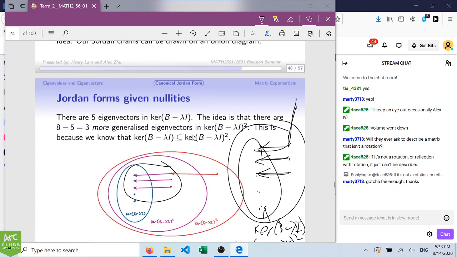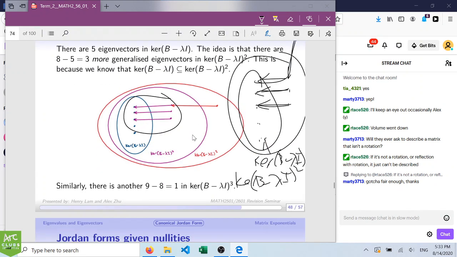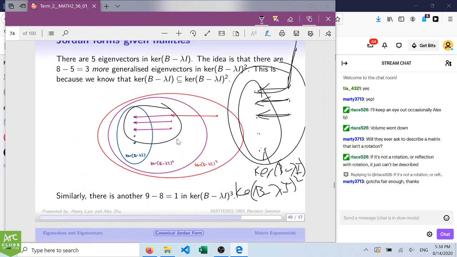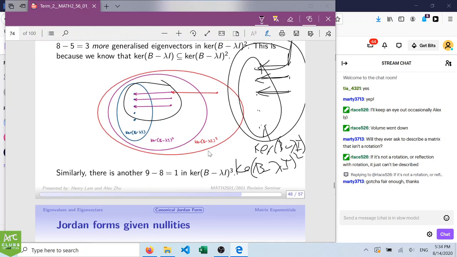So there are 2 cases for the last one. Either it's in this Jordan block or it's not in this Jordan block. If it's in this Jordan block, we'll just continue on with this longest vector. If it's not in this Jordan block, we'll just find a separate eigenvalue. So the 10th eigenvalue is not λ. So that's our first case. That means these are all the generalized eigenvectors for λ that we can represent.